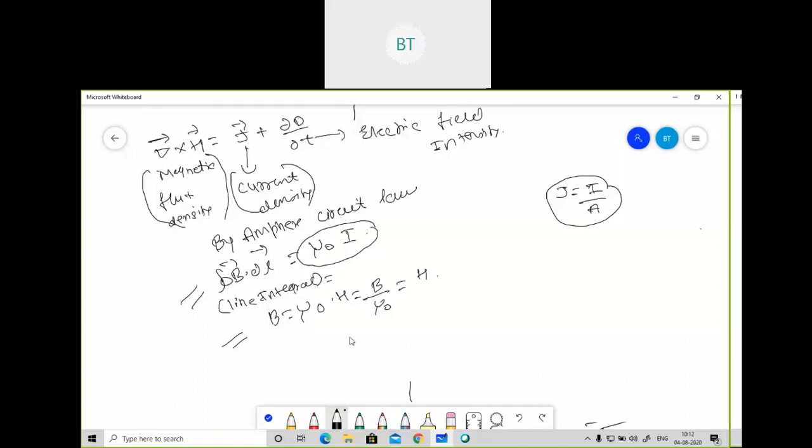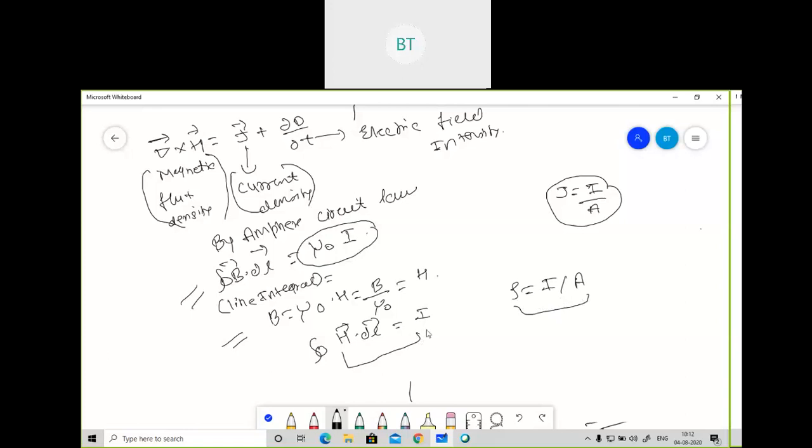As we already know that H dot dl equals I, and J is equal to I by A. So you just need to substitute the value of I here.